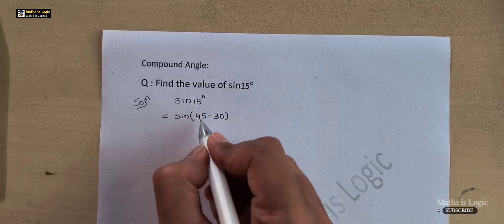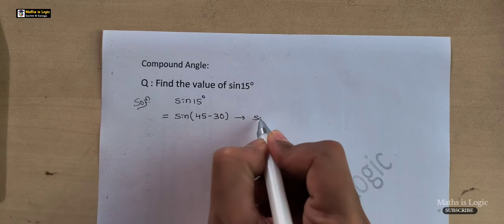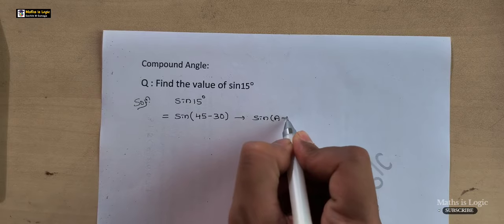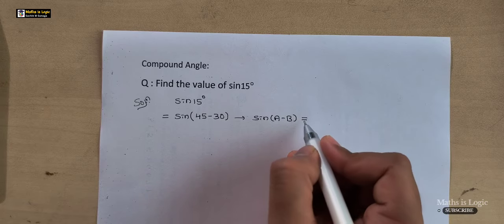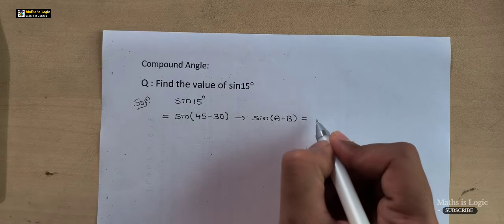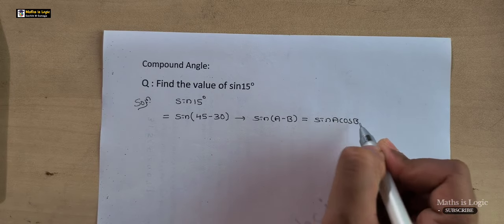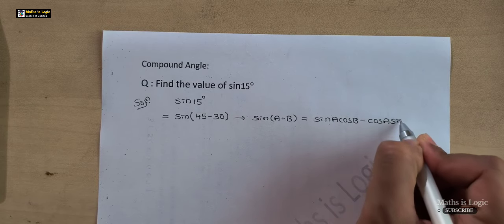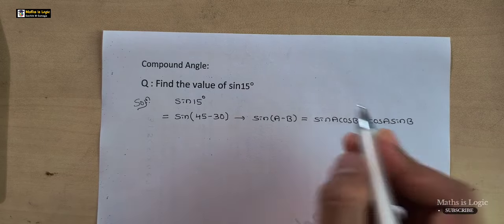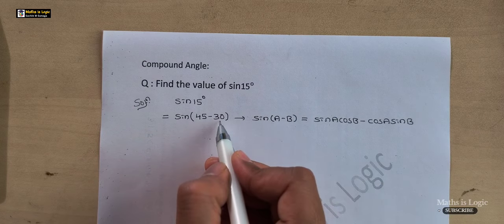If I split 15 as 45 minus 30, then this looks like sine A minus B. So they will apply the formula sine A minus B. In compound angle, sine A minus B formula is sine A cos B minus cos A sin B.